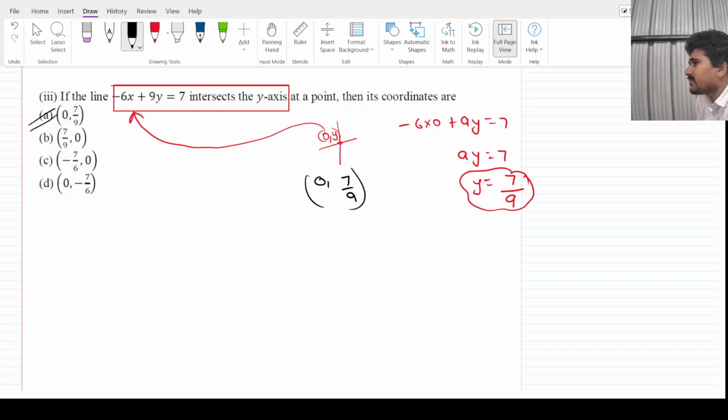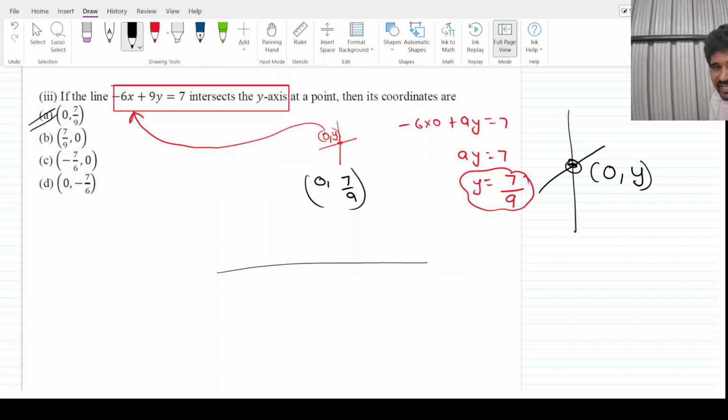So any line cutting the y-axis, the point will look like 0, comma y. Any line cutting the x-axis, the point will look like x, comma 0. So any line cutting the x-axis, x, comma 0 is the point.